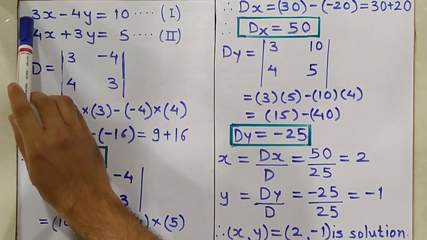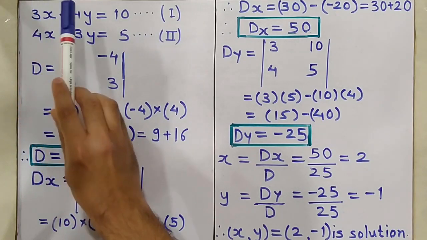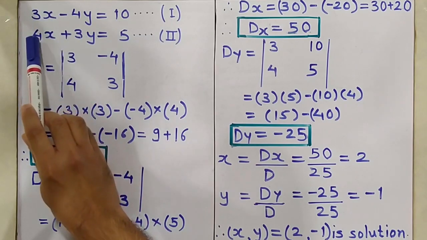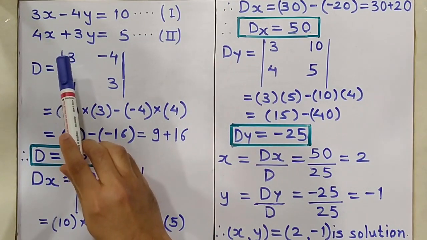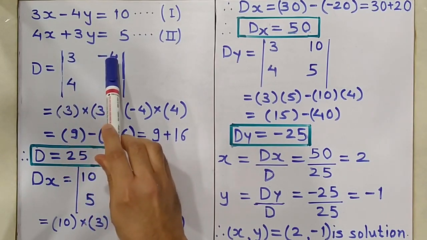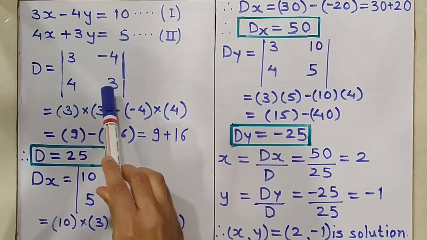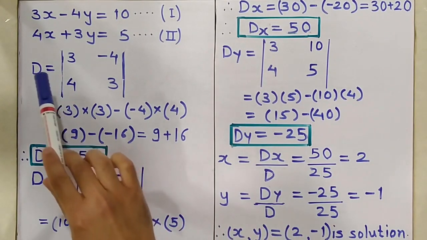You can see over here that the coefficients are 3, minus 4, 4 and 3. So you are going to write down these coefficients in the same order, that is 3, minus 4, 4 and 3.